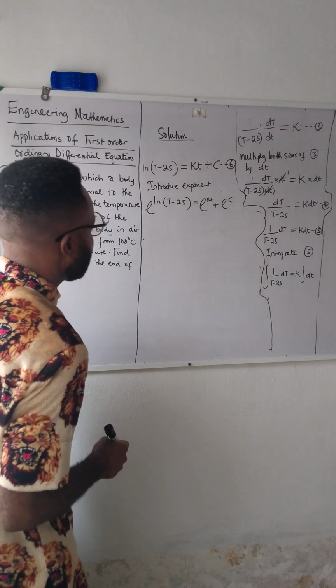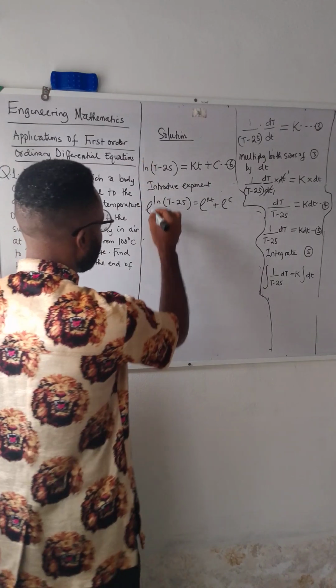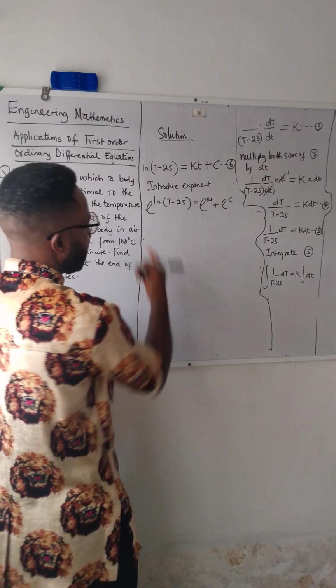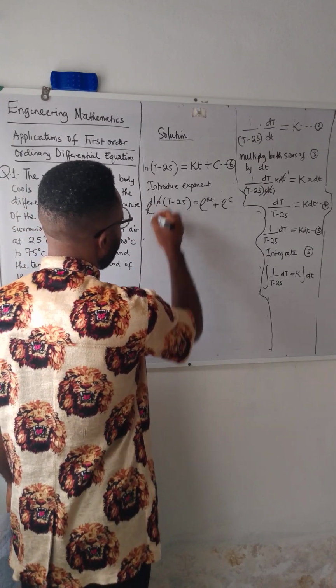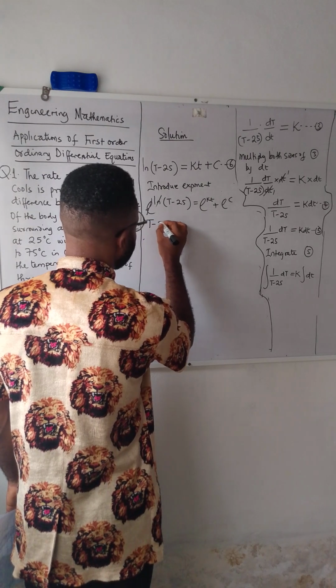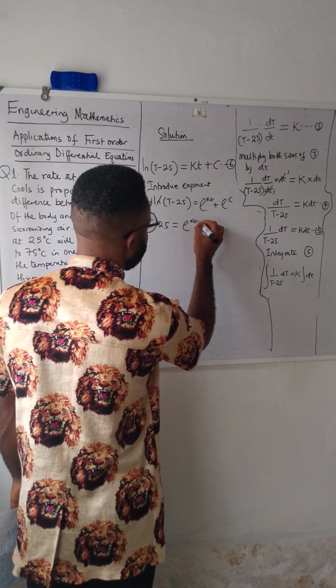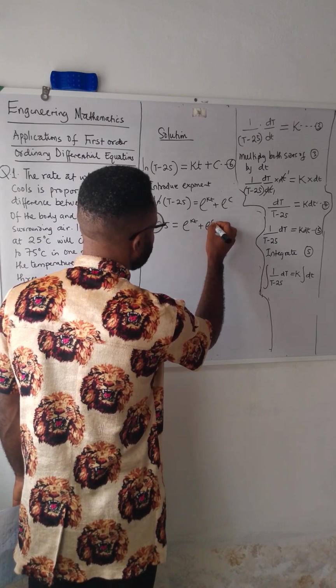The essence is to eliminate the ln at this point. We know that exponents and ln will cancel out, and so we are left with t minus 25 equal to exponent kt plus exponent c.